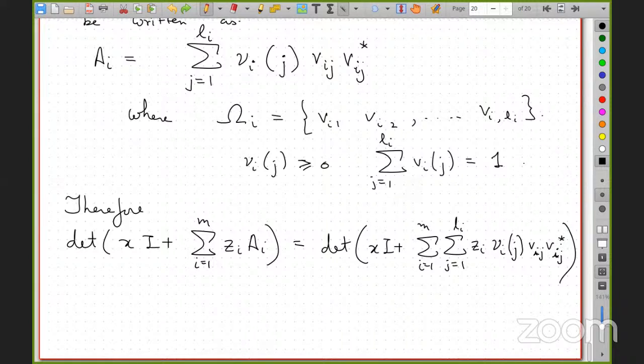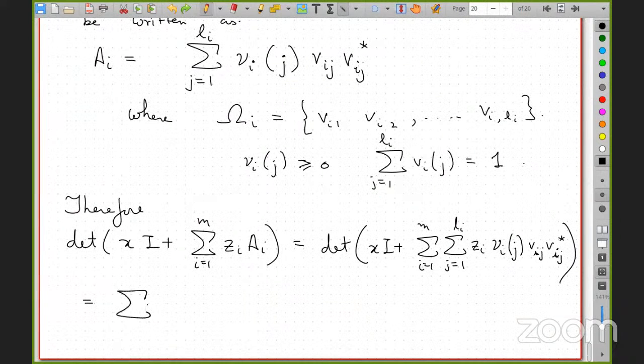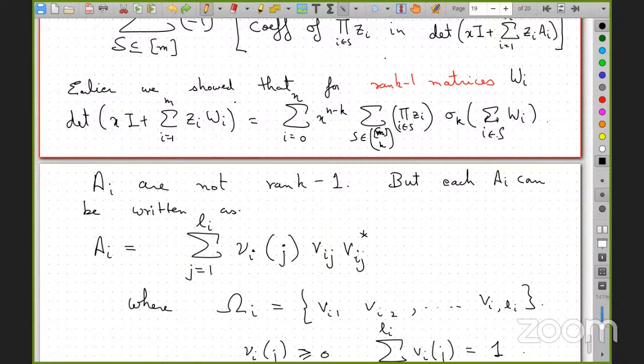And this now is a sum of rank 1 matrices, right? Which is equal to, by our identity, sum k goes from 0 to n, x to the n minus k. Then we have subsets. S is a subset of, oh sorry, this was not a subset of n, it was a subset of this m by k.